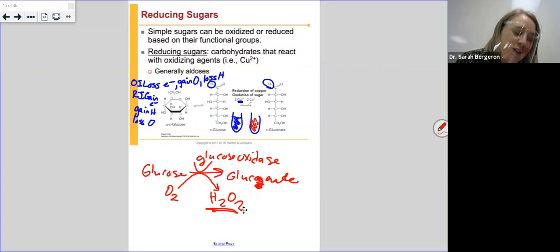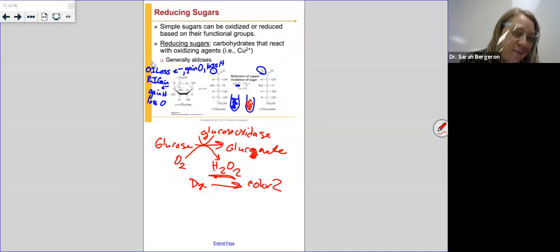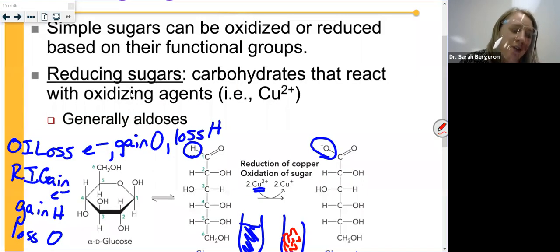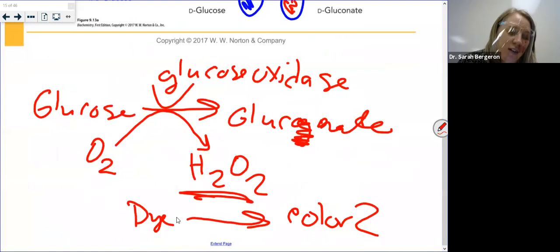This hydrogen peroxide will catalyze a dye changing color from color one to color two, with peroxidase. Why does it do that? Let's do this. So the dye changes color through peroxidase.